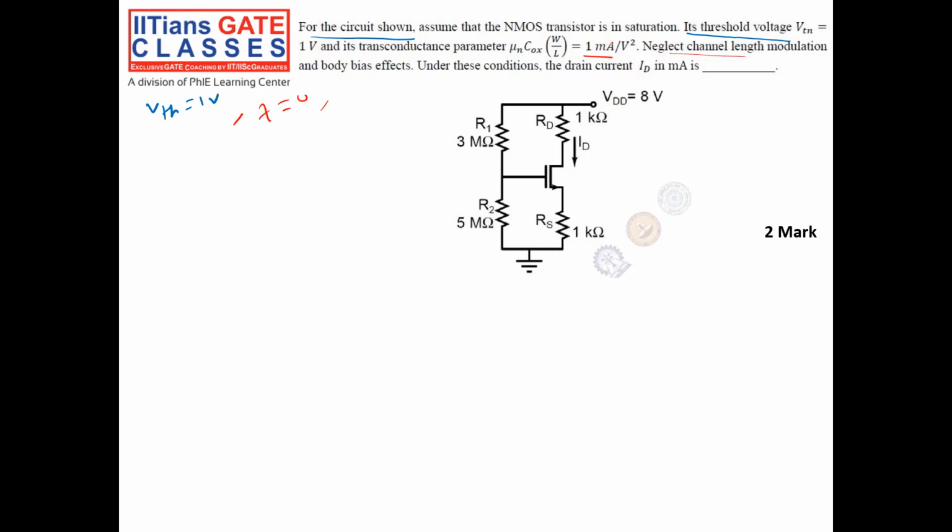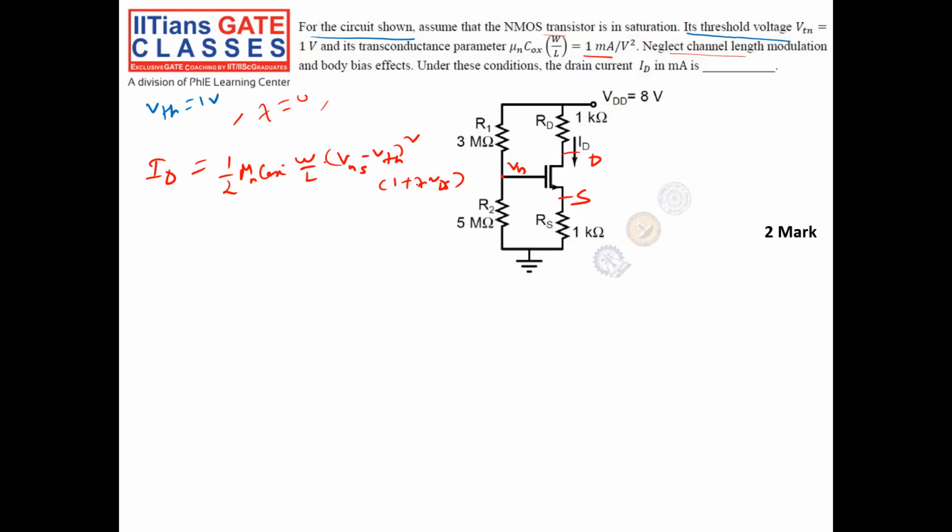So you see, this is my gate, this is my source, this is my drain. Since my NMOS is in saturation, I know the current ID is equal to half mu Cox W by L into VGS minus VTN whole square into 1 plus lambda VDS.